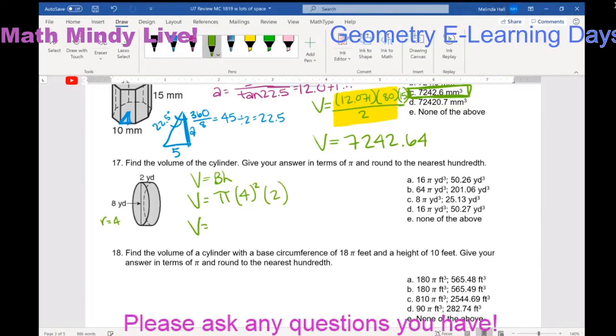So 4 squared is 16, times 2 is 32. So we would have 32 pi. And then, wait a second. Pi r squared h. Why is 32 pi not an option?